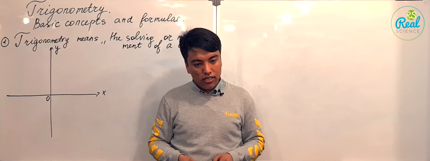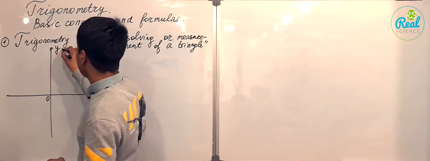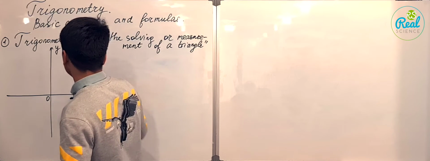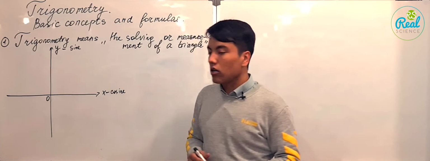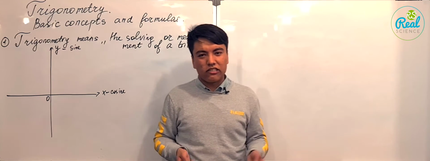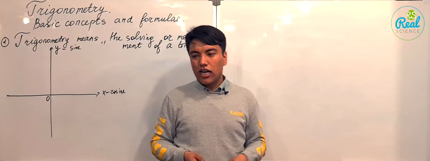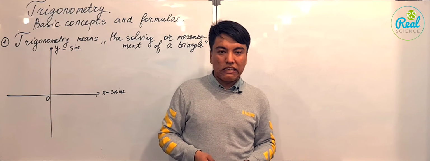Y is sine, x is cosine. It's actually the definition of sine and cosine. How about tangent and cotangent? Yeah? How are they defined?